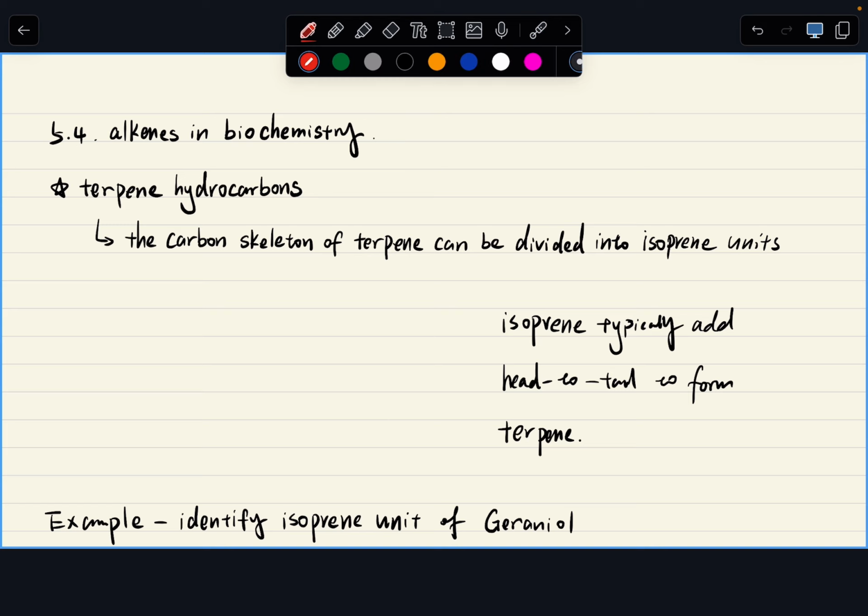Some examples will be, let's say we're just looking at something called myrcene, which is a class of terpene, and its isoprene unit.